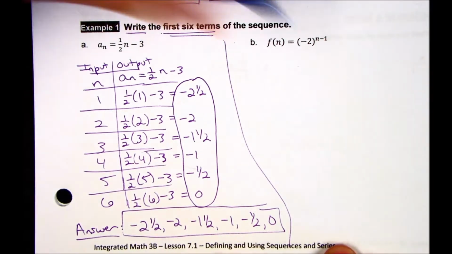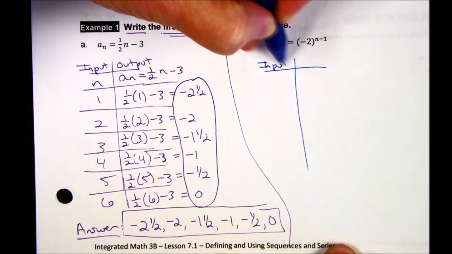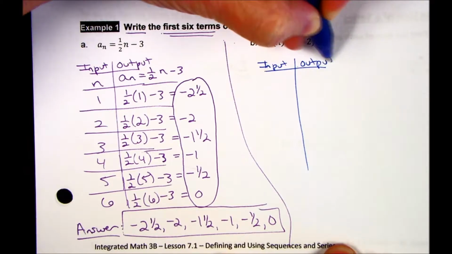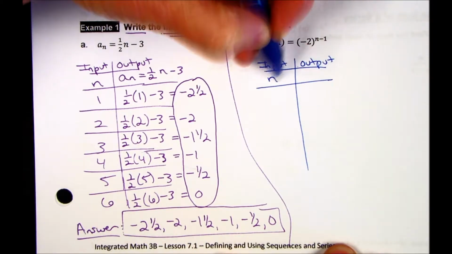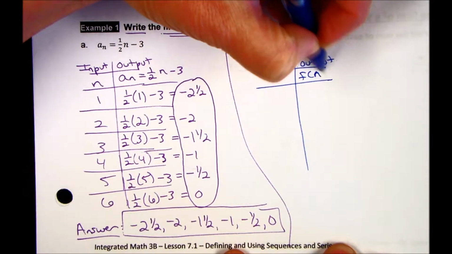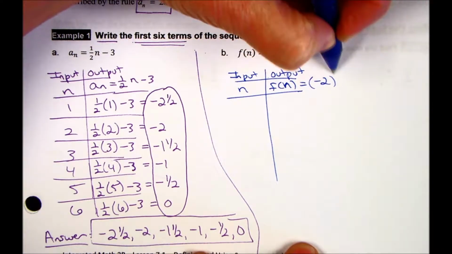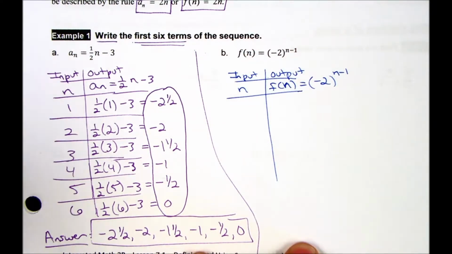So again, I like to make a table to show my input and my output values. This time my input still is n, but my output is called f of n, which is like function notation, and that's going to equal negative 2 to the n minus 1 power.